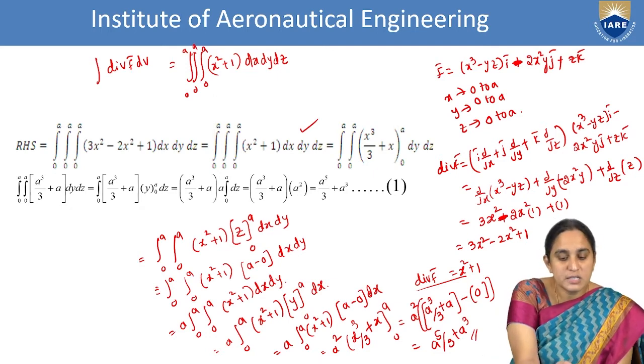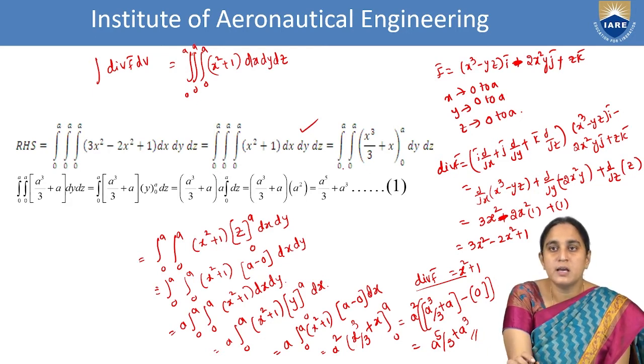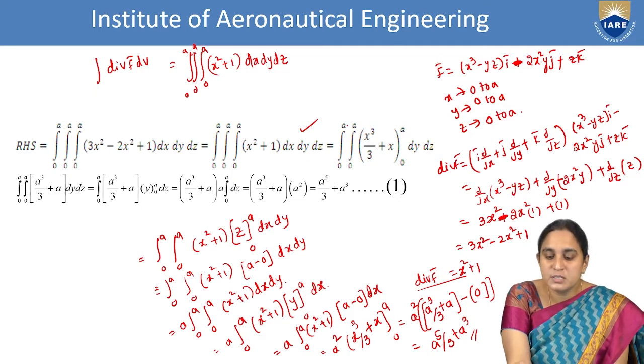Once you see here, the procedure is first integration with respect to x. Whether with respect to x or y or z, whatever it is, here we got the same answer. Why? Because all limit points are 0 to a only. For that case, integrate either with respect to x or y, or y or z. In that procedure, first integration is with respect to x, after that with respect to y, and after that with respect to z.